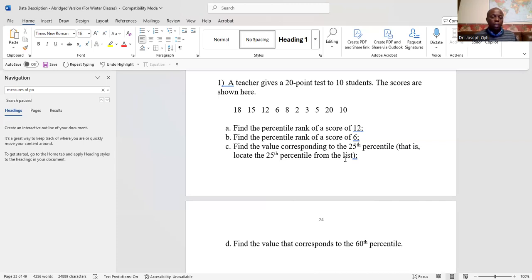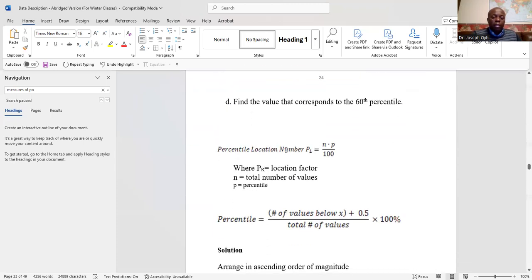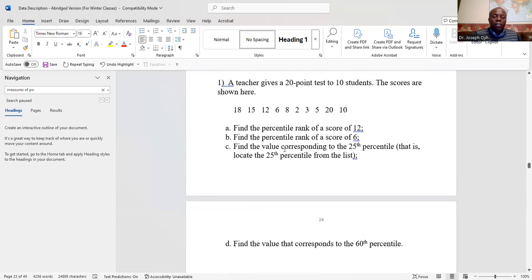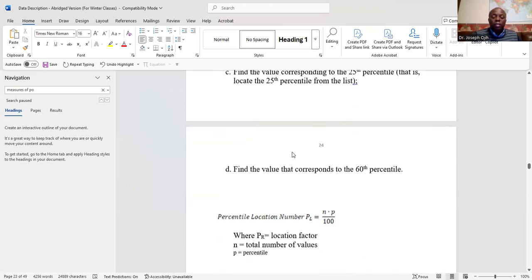For that, we're going to use this formula here, the location formula, P_R, where R is the location factor. Actually, P represents the percentile I'm trying to locate. So in this case, find the value that corresponds to the 25th percentile.